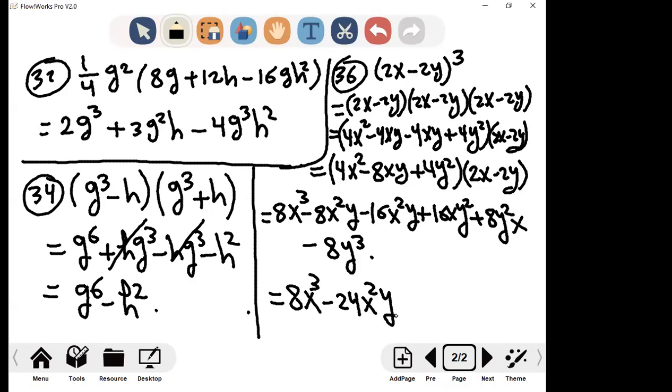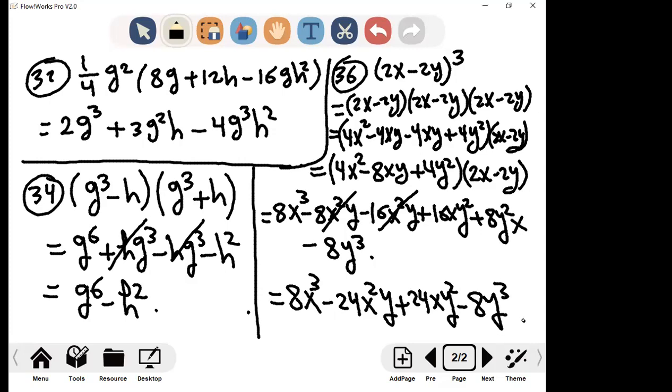I did these two terms, right? Now, xy power 2, y power 2x. Same, right? 16 plus 8, plus 24xy power 2. And the last term, y power 3, no other y power 3. This is negative 8y power 3. This is the simplest form.